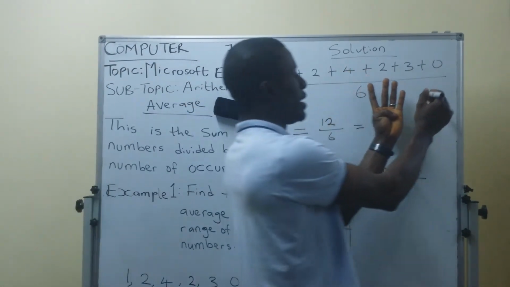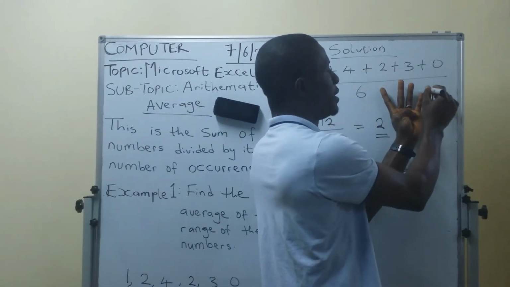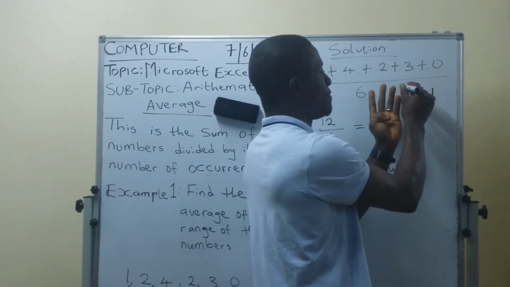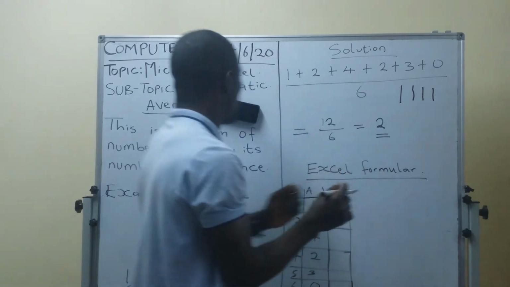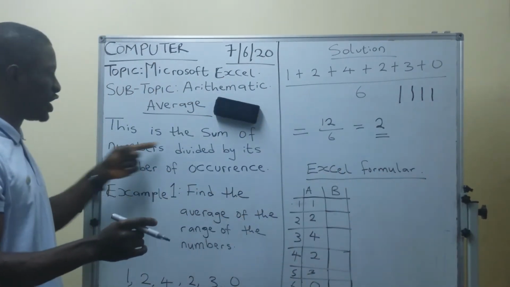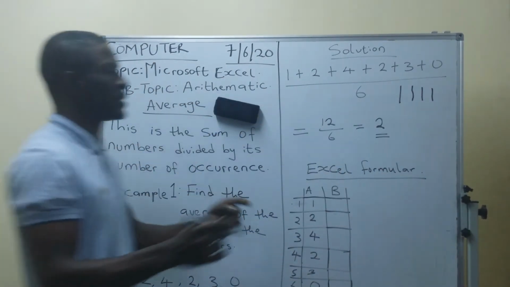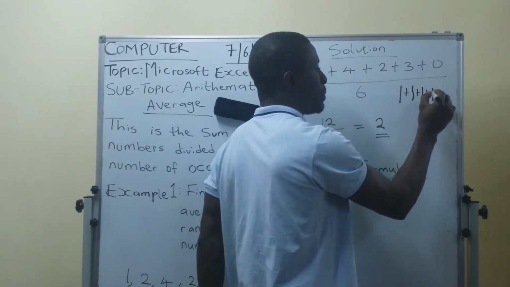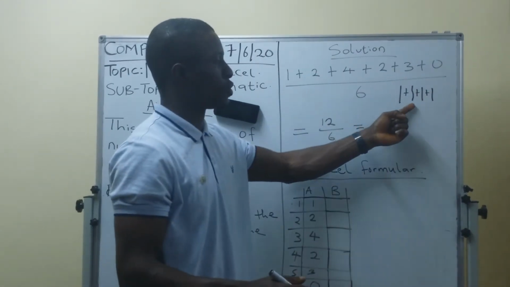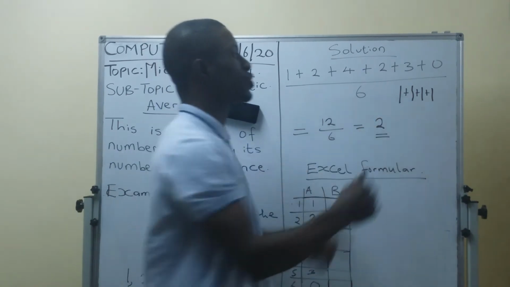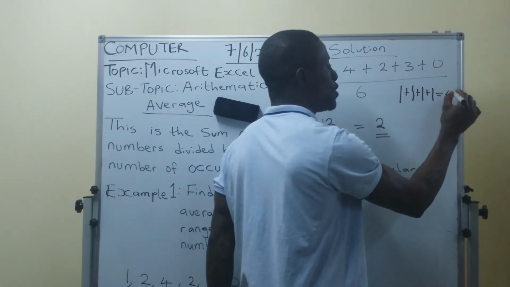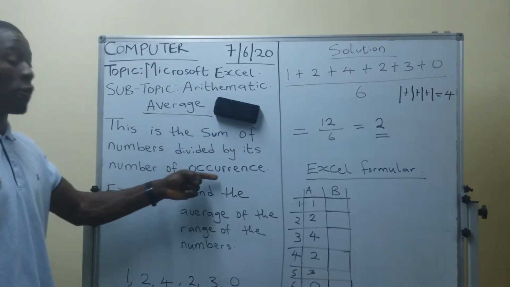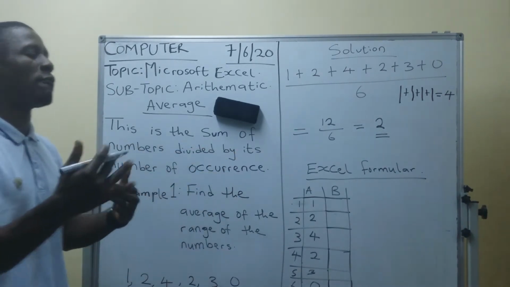You have this finger, 1 finger, 2 fingers, 3 fingers, 4 fingers. So it says that the average is the sum of the numbers, which is 1 plus 1 plus 1 plus 1, and the answer is equal to 4. And now divided by its number of occurrence.